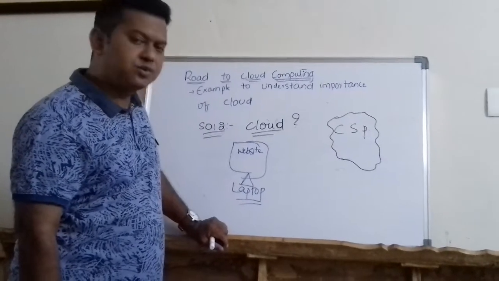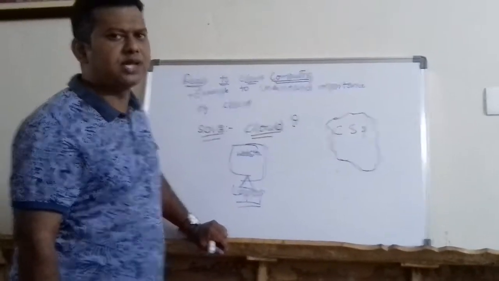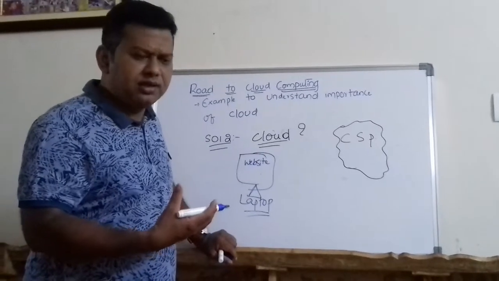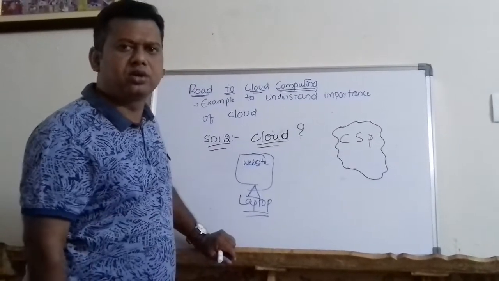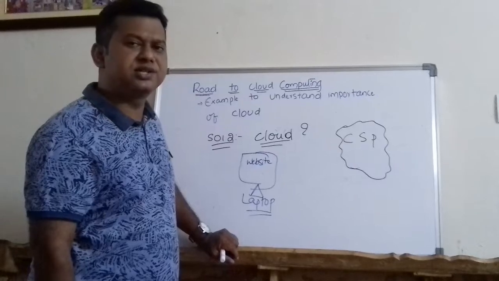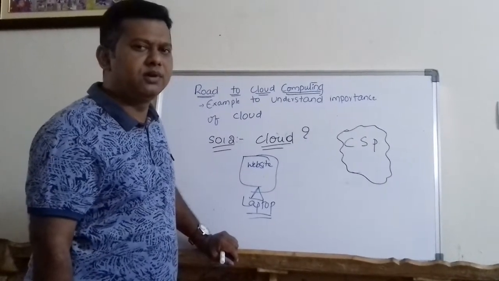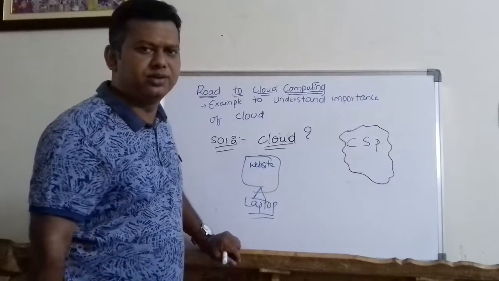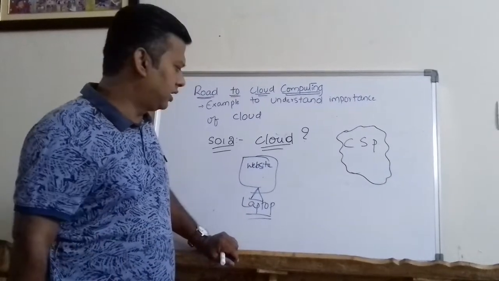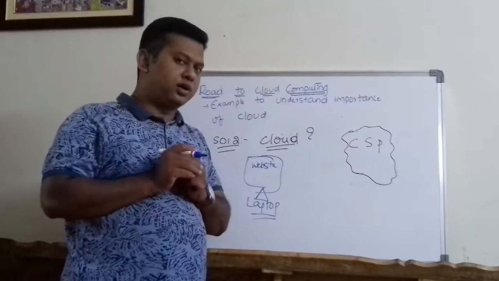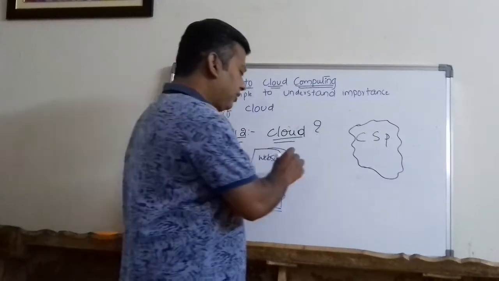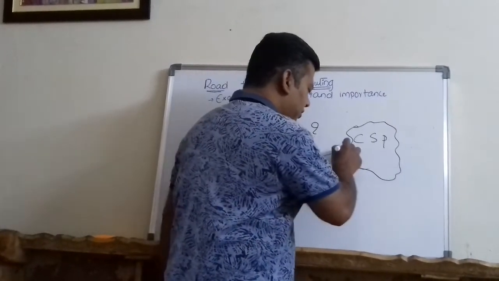Just imagine, friends, what happens when there is a World Cup. I'll see a lot of spikes or a huge increase in the number of hits only during the World Cup. How many days will the World Cup be there? It will be there only for 30 days, maybe 1 month or 2 months, like that. So whenever there is a World Cup, what I'll do is, I will approach this cloud service provider.